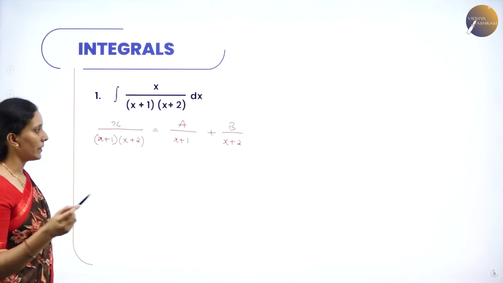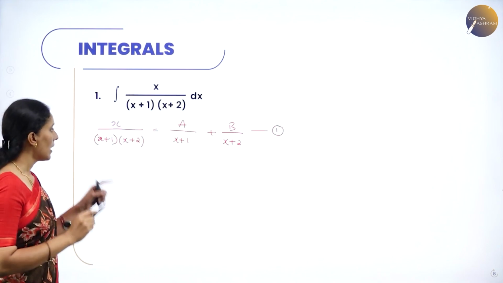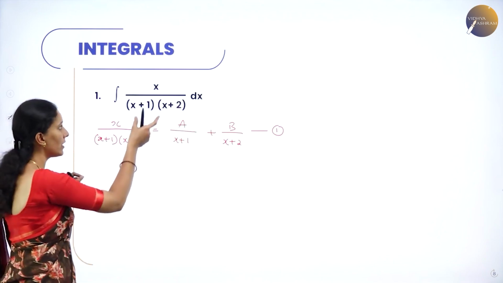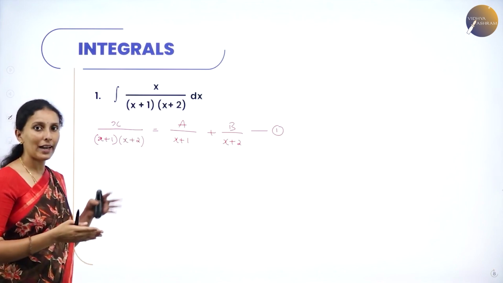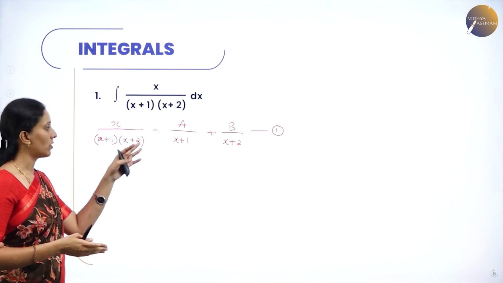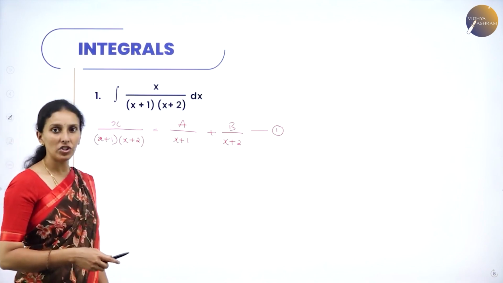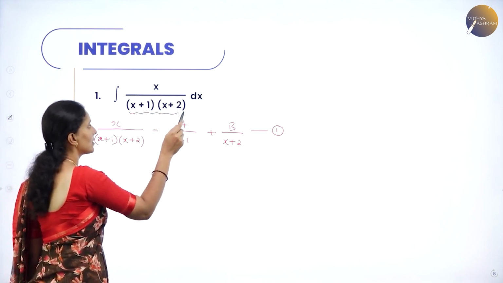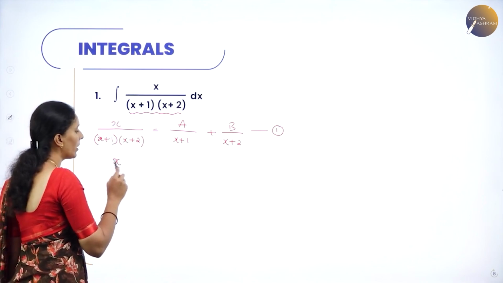Let me take this as equation 1. The next step is to multiply the denominator factors throughout the equation. What factors do you have in the denominator? Multiply those only. Or you can also take the LCM on both sides. When you take the LCM on both sides, the same factors you will get, which get cancelled. If you multiply both factors here, only the numerator remains.